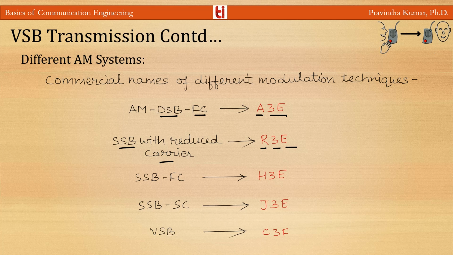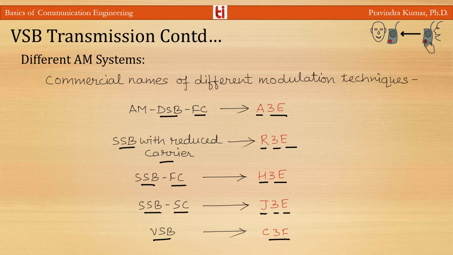SSB full carrier is H3E. SSB SC, suppressed carrier, is J3E. And for vestigial sideband, VSB, the commercial name is C3F. So these are the commercial names we should know for the different modulation schemes.